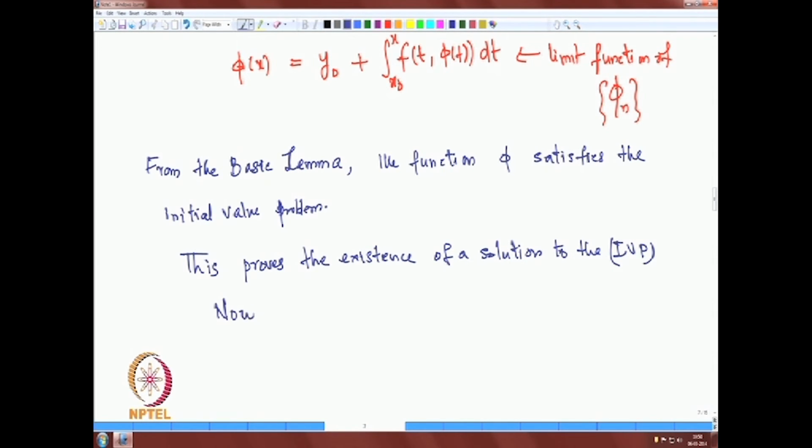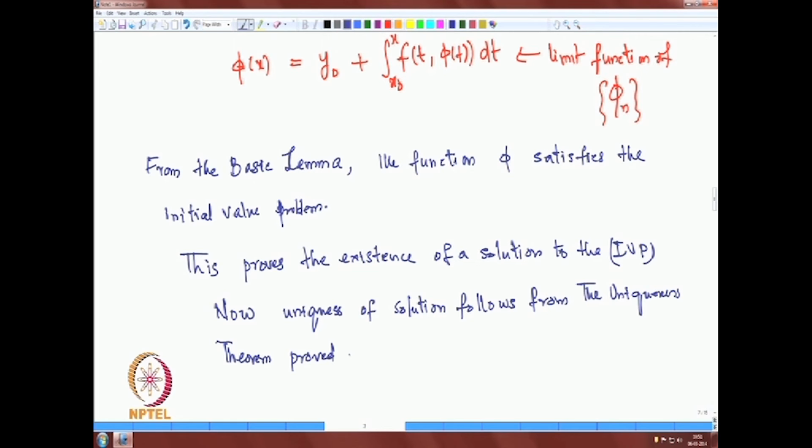Now, for uniqueness what we require is the Lipschitz continuity, which is already assumed in the theorem. So, now the uniqueness of solution follows from the uniqueness theorem proved earlier.